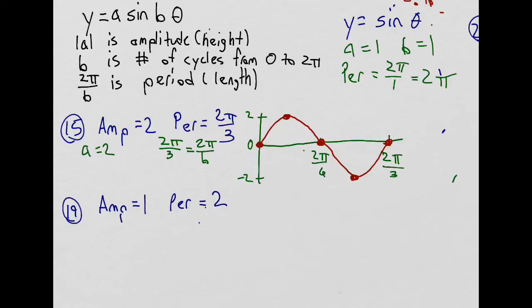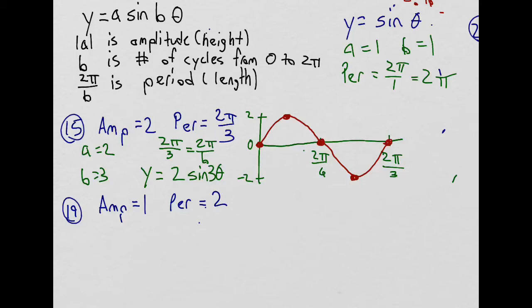That means my b has got to be 3. And now I've got A and B, it's easy to write the equation. So y is equal to 2 sine 3 theta.